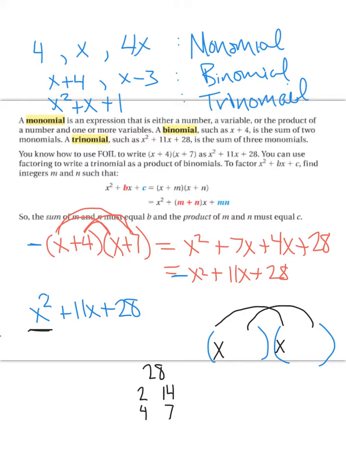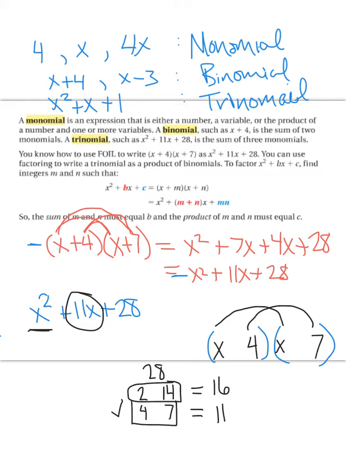So we have a choice here. We can either do 2 and 14 in our last place or 4 and 7. But also keep in mind that we have this 11x term up here. So we need our 2 values that go in the last place to add up to equal 11. So 2 and 14 add up to be 16, and 4 and 7 add up to be 11. So we want 4 and 7 in our last spot.